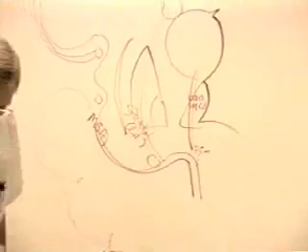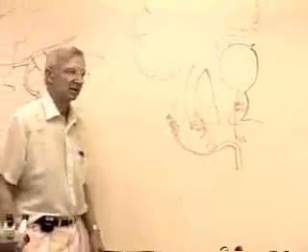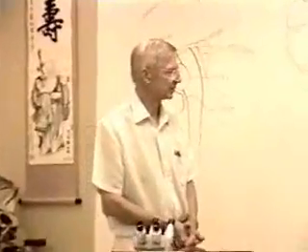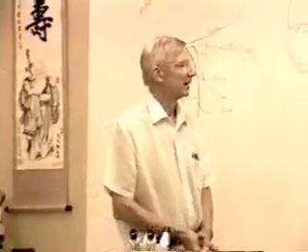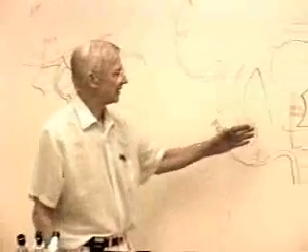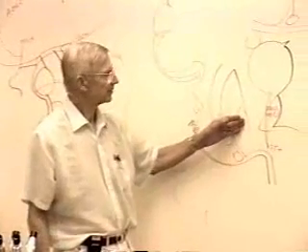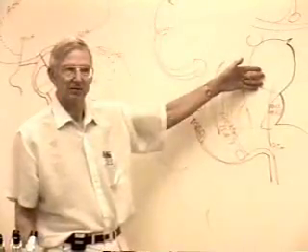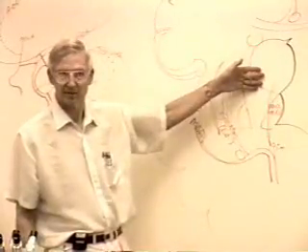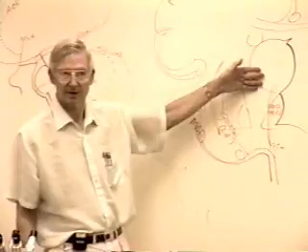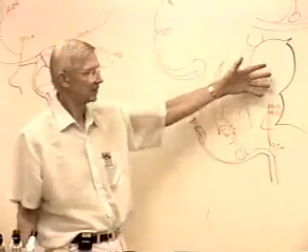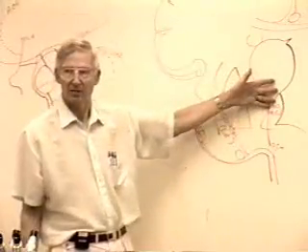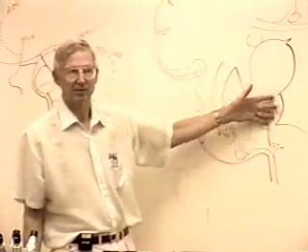And that would be fine if we didn't have one other structure coming in here. And that is the development of the globus pallidus and the lateral ventral thalamus as an expansion laterally from the medial thalamus and hypothalamus.